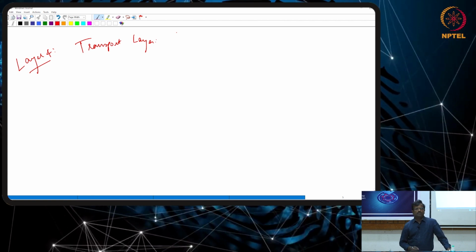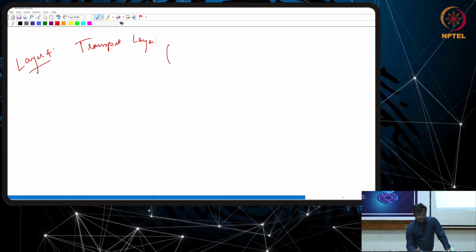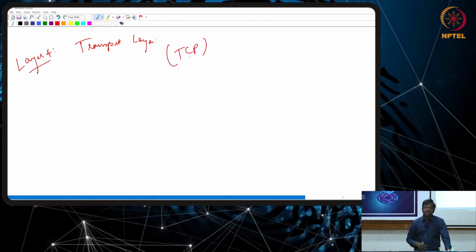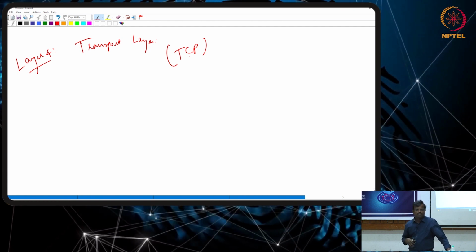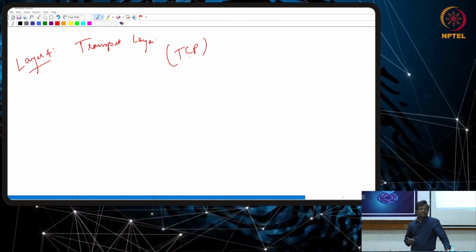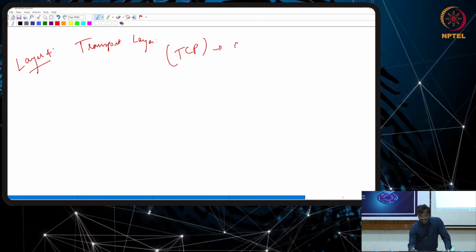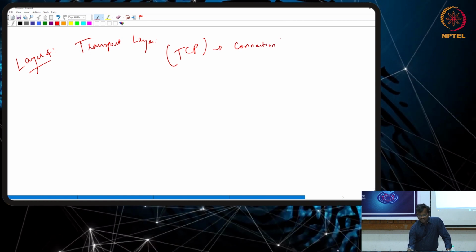Before asking why, what is the protocol used in layer 4? Okay, so UDP and TCP. Predominantly, the internet uses UDP or TCP. Why? I will come to that. So what is connection oriented and what is connectionless?